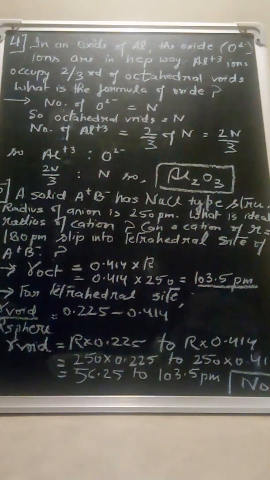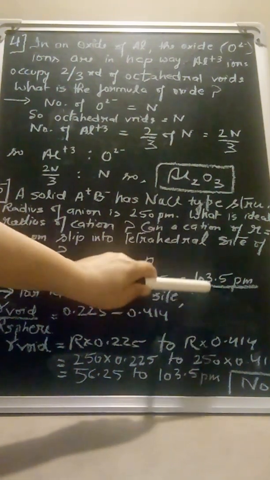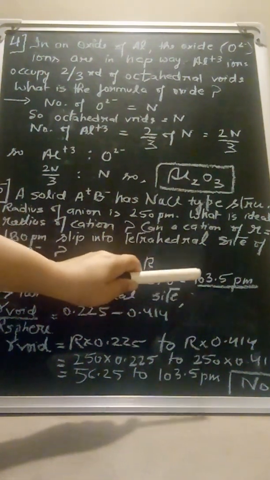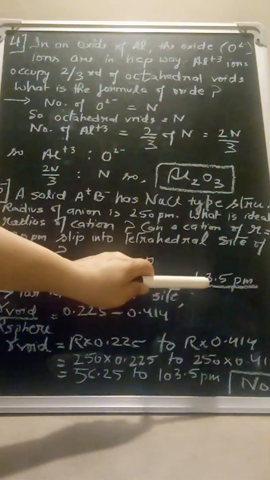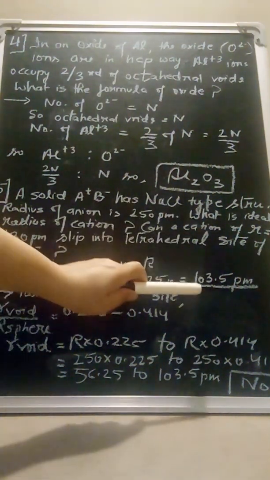To find the ideal radius of the cation, let us find the ideal radius of the void first, because it's the cation that goes into the void. So the octahedral void has the radius 103.5 picometer, and this should be the ideal radius of cation which has to enter into this octahedral void. So this is the answer of the first question.